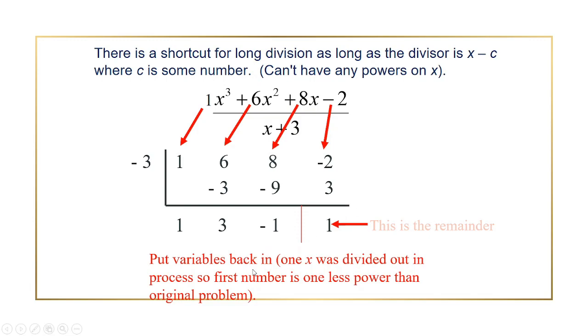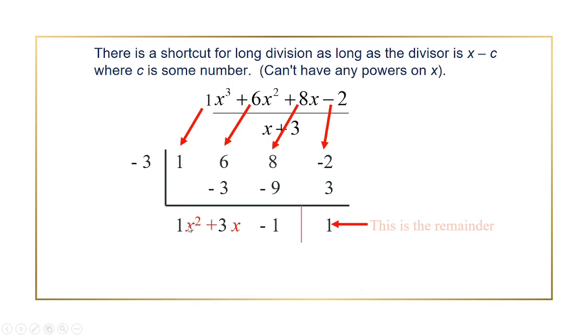So we put the variables back. And how do we put the variables back? The x was divided out in the process. So the first number is 1 less power than the original problem. Meaning to say, since the dividend is raised to the third power, that will be x squared.